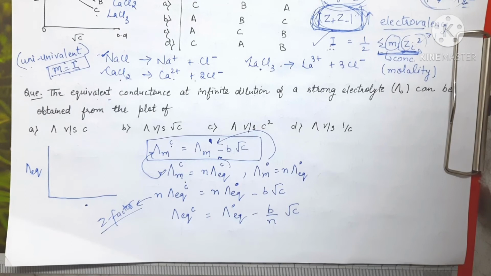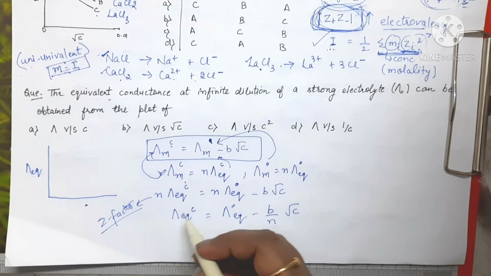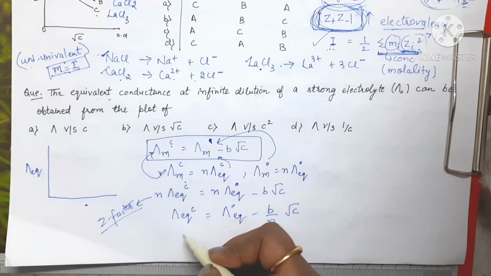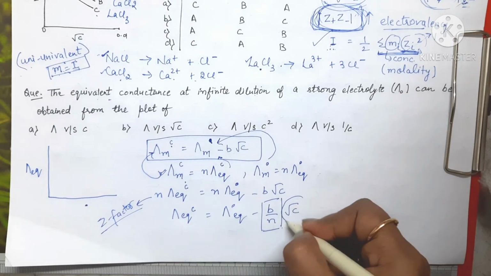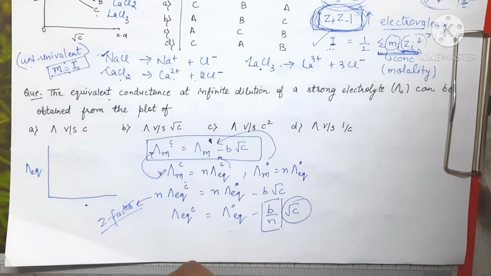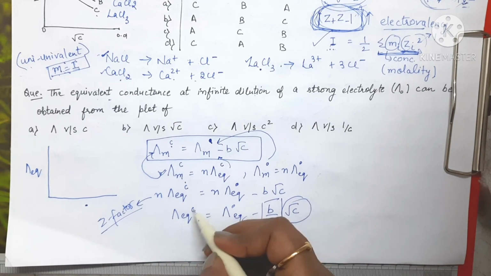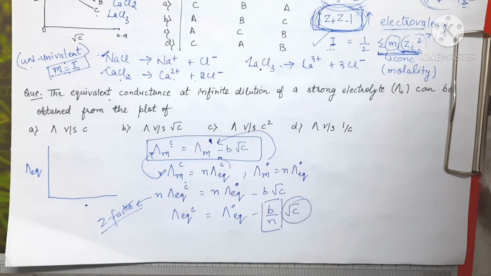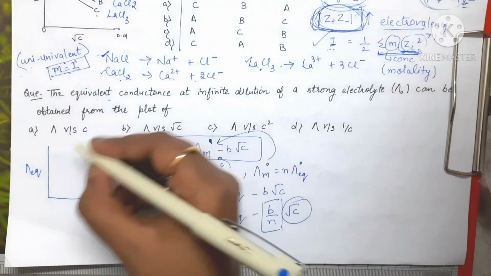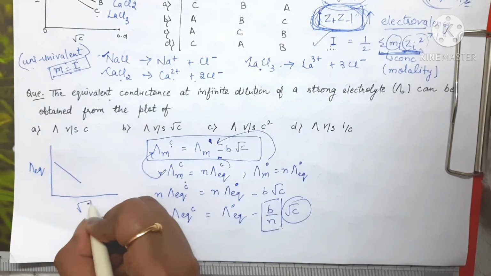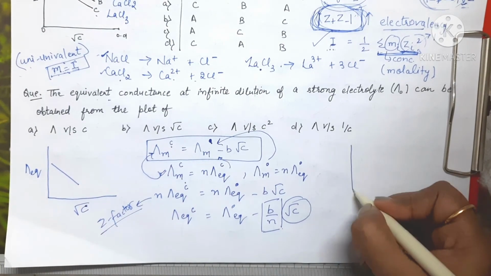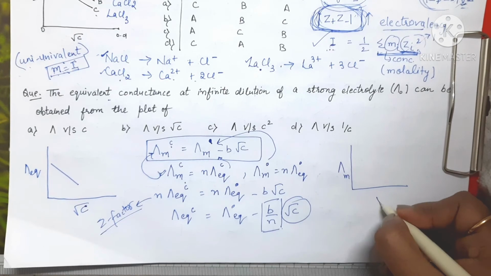Now what you can observe is that here we are getting the relation, and here it is a constant. We are getting a relation between root of C and lambda EQ, right? So basically if we want to find out lambda EQ at infinite dilution, then also we have to plot a graph between lambda EQ and root of C, just like lambda m and root of C, right?